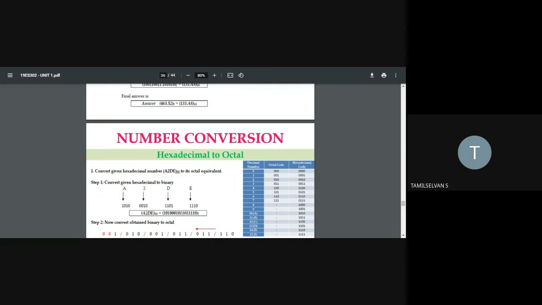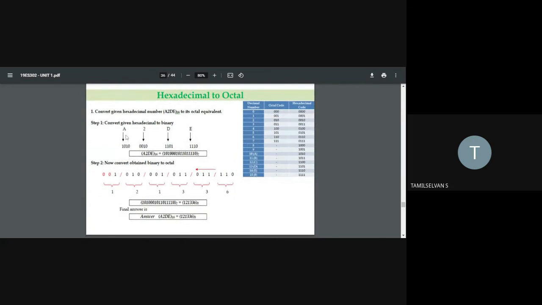Okay, so we can directly go to the examples. Take this example: A2DE to the base 16, right? So capital A is A. The 4-bit binary number for capital A is 1010, and 2 is 0010, and capital D is 1101, and capital E is 1110.